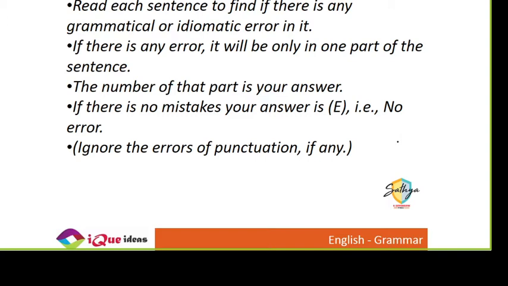The error could be either the way the grammar has been employed or the way a particular idiom or phrase has been used. And if there is any error, it will be only in one part of the sentence. So in case you find multiple errors, you will have to go with the most obvious, the most serious error to correct. And that part obviously is your answer. And it's possible that there is no error in the sentence too.